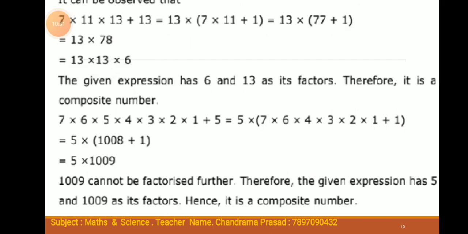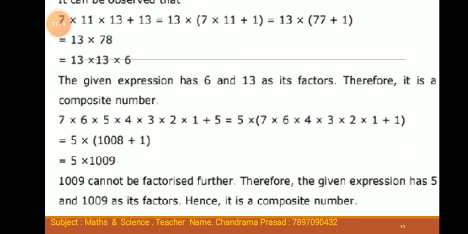Therefore, this can be written as 13 into 13 into 6. The given expression has 6 and 13 as its factors. Therefore, it is a composite number because it has factors other than 1.